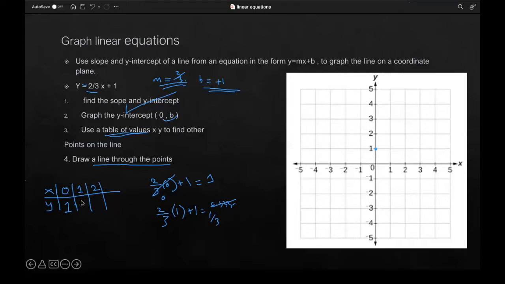What about 2? So this is 1 over 3. What if we substitute 2 in place of x? And so we get 2 over 3 times 2 plus 1. This will give us, using your calculator, negative 1.3 recurring. And in the fraction form, it's negative 4 over 3.